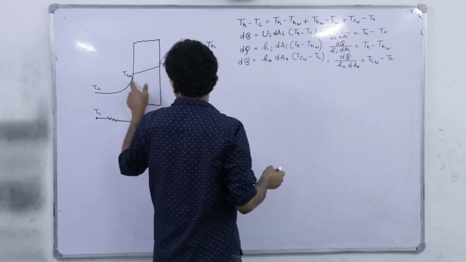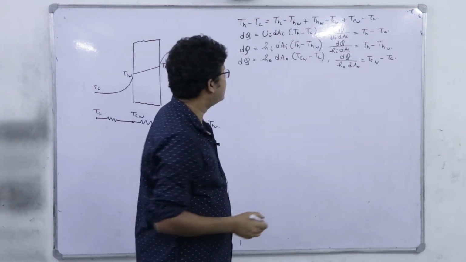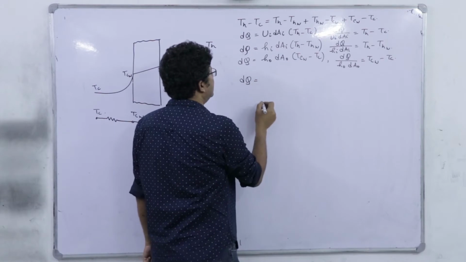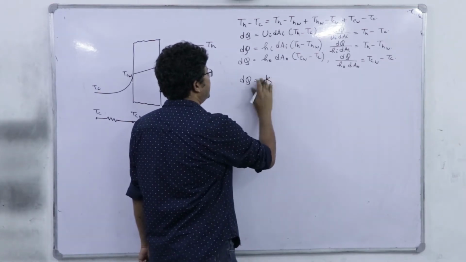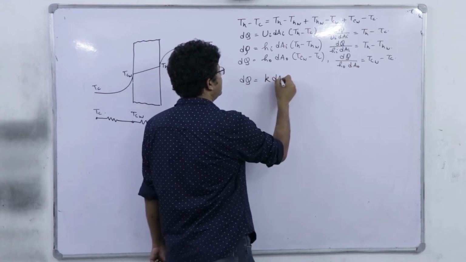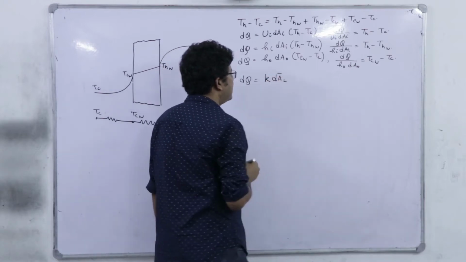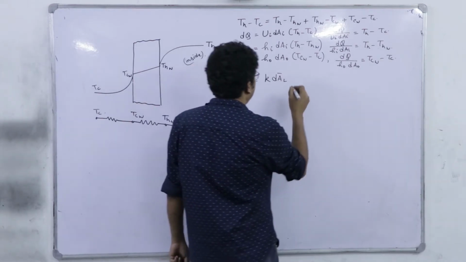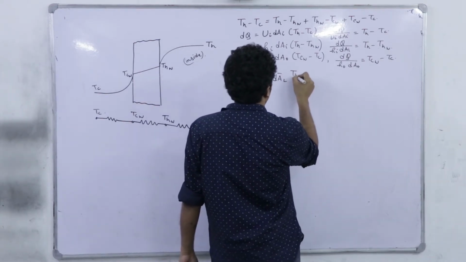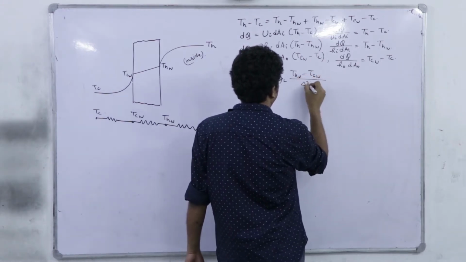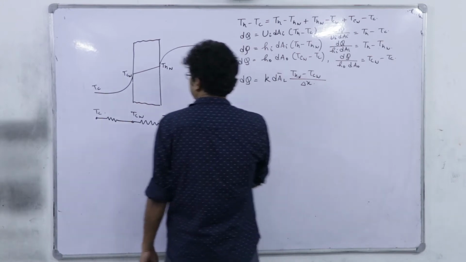And finally, coming to this metal wall, right. There we know that dQ is equal to K into dAL bar, which is the logarithmic mean area we know from the conduction of a cylinder, into THW minus TCW divided by delta x, where delta x is the thickness here.